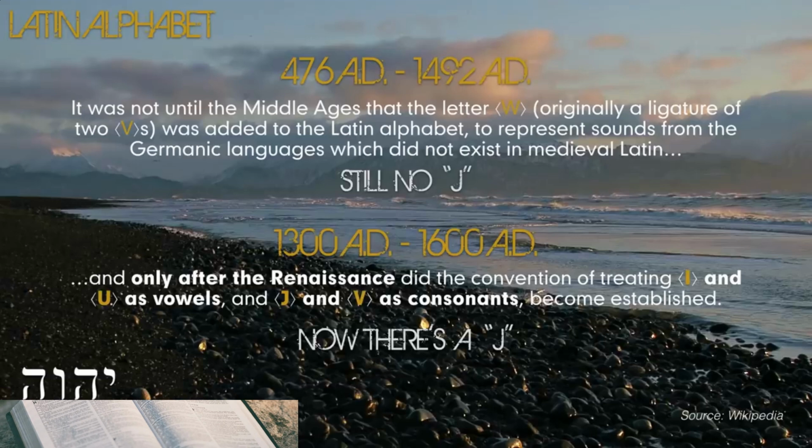This was to accommodate Germanic languages, but still there was no J. But in the 1300s to 1600s, at some point, Latin then began accommodating these Germanic languages further and began applying J as a sound for the iota, when used as a consonant, and the U as a V. So that means neither was used in ancient Latin nor in the Roman Empire.